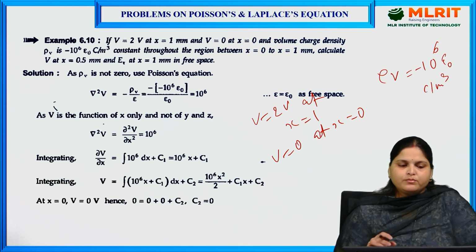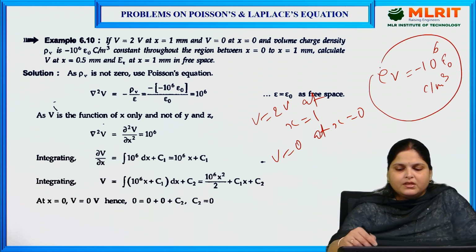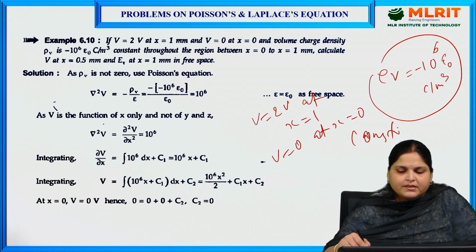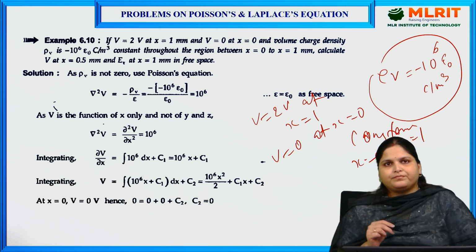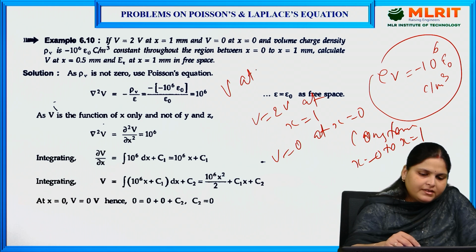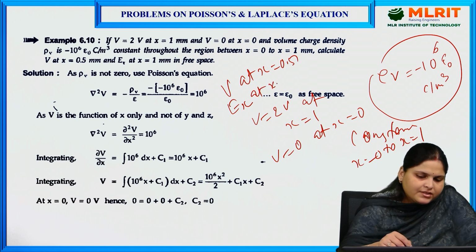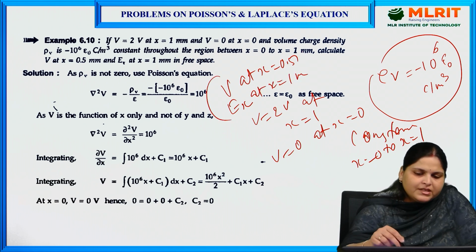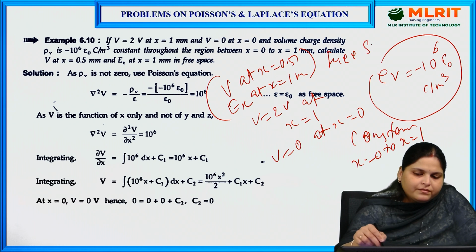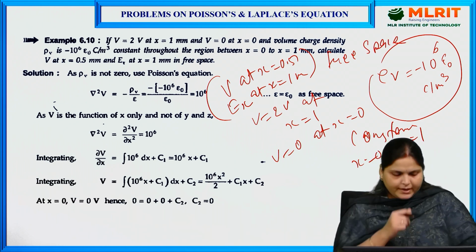This volume charge density is constant throughout the region from x is equals to 0 to x is equals to 1. Right? We have to calculate V at x is equals to 0.5 mm, and Ex at x is equals to 1 mm. These two things we need to find in free space. This is the question. Right?